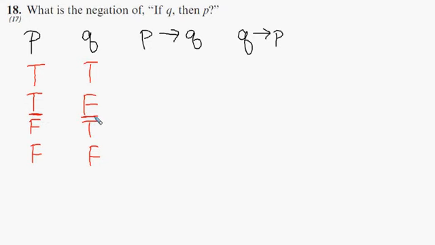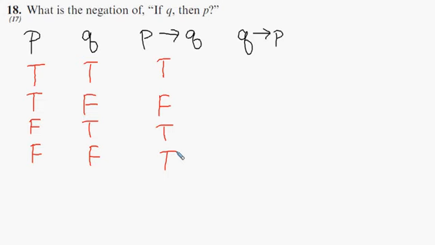So this is the scenario when it's false. All of the others are true. So this is true, and this is true. So if the hypothesis is true and the conclusion is false, that's when the conditional statement is false.